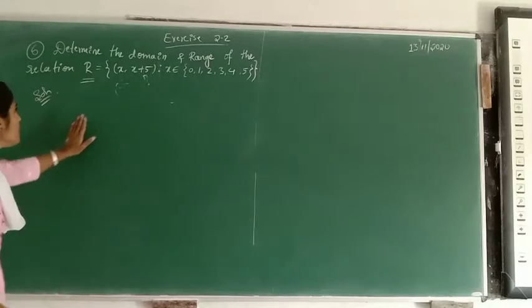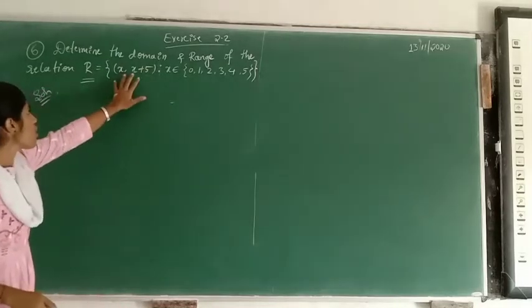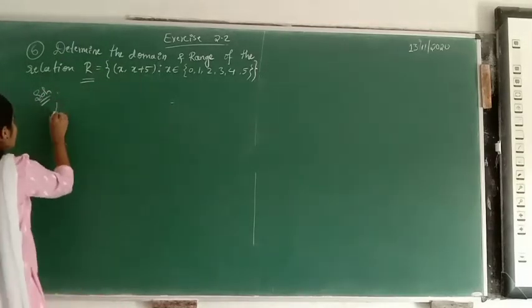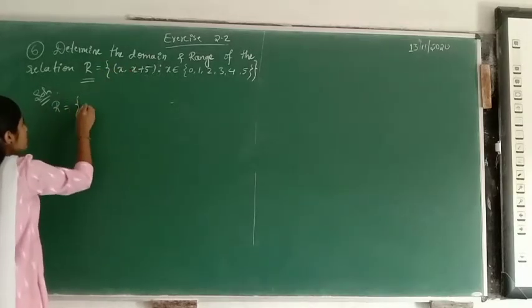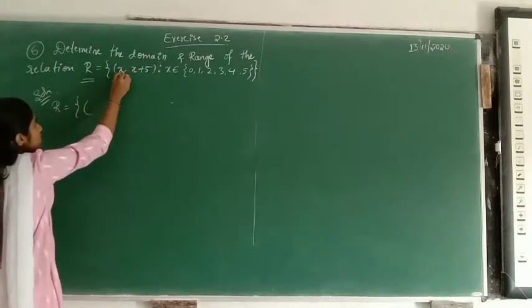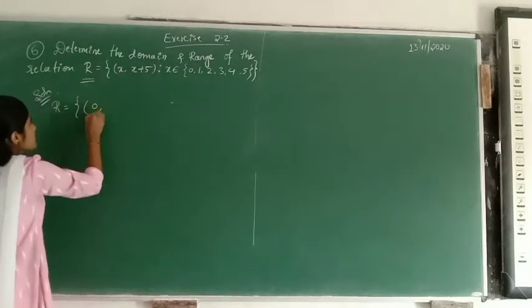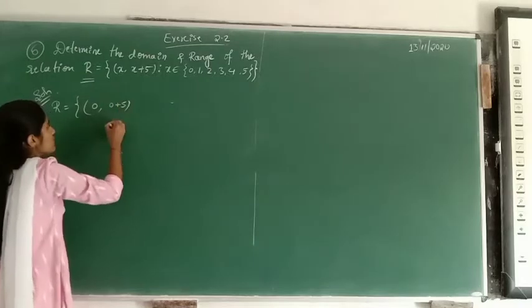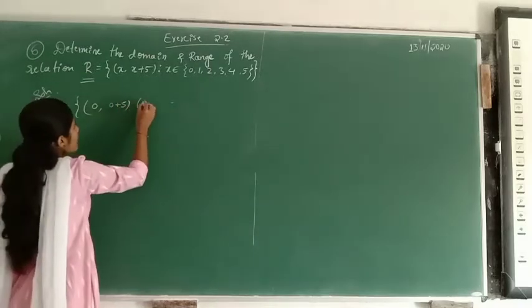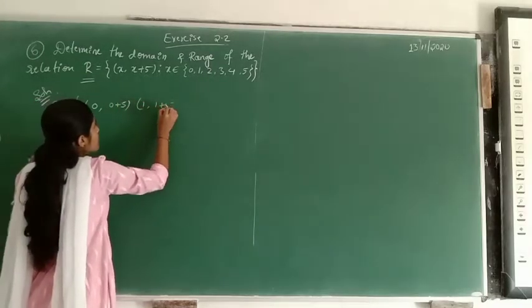See, now find out these ordered pairs. See, this relation is in set builder form. I will write it in roster form. Whenever x is equal to 0, x plus 5 is 0 plus 5. Whenever x is 1, 1 plus 5.